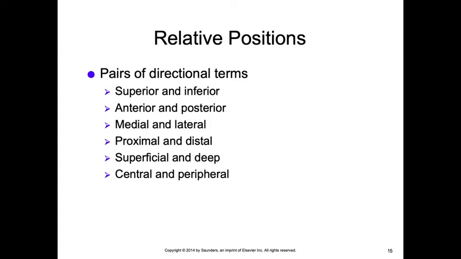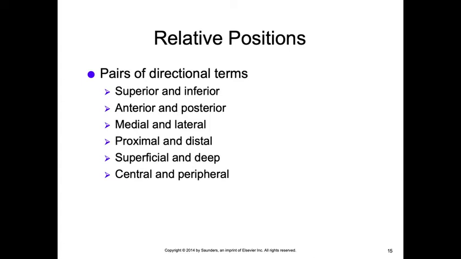Proximal and distal, which are two that throw people. Basically this is along a limb, either closer to, which is the proximal direction, or further from, which is the distal direction, the trunk. The trunk being that region of the body that goes from your neck essentially to where your legs attach to the main portion of your body.